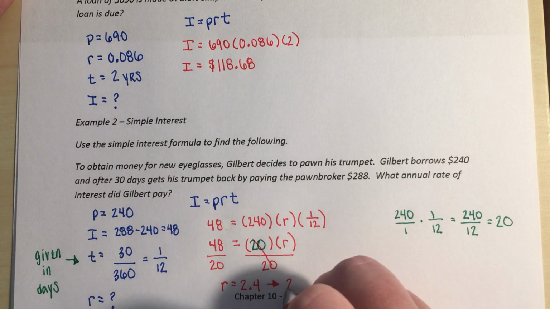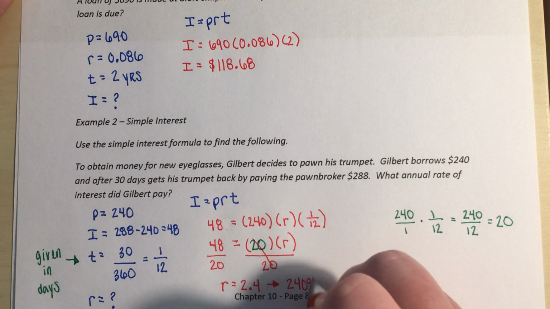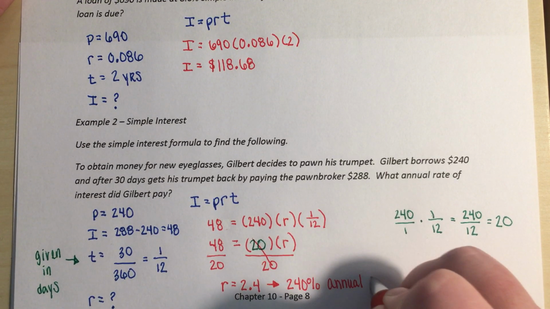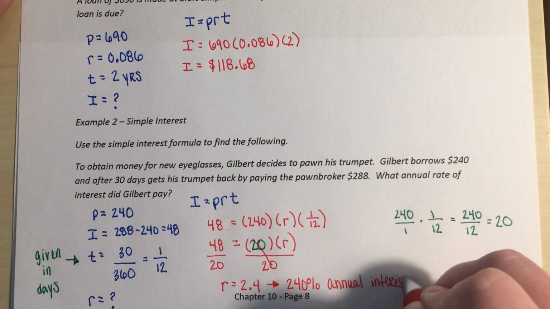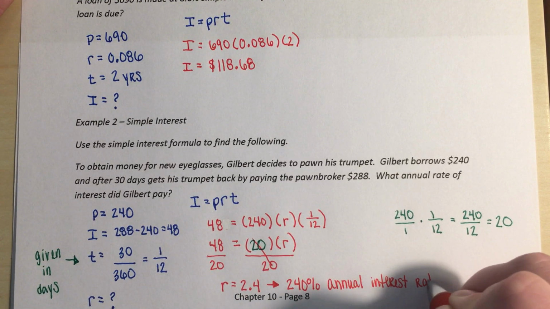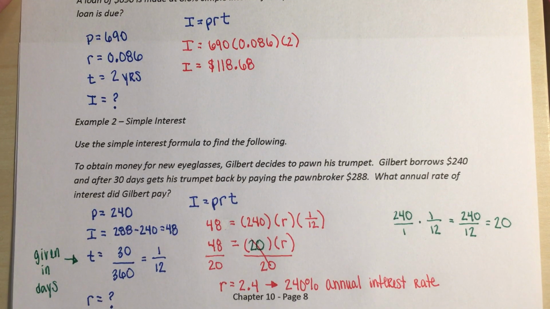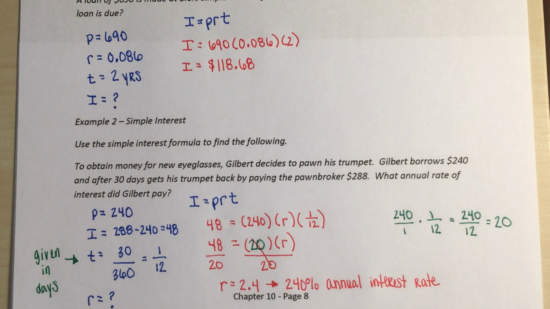That's going to give us 240% for our annual interest rate. 240% is a ridiculously high percent for an annual interest rate, but because of the situation and type of loan, it is actually the correct number, even though it looks very, very large.